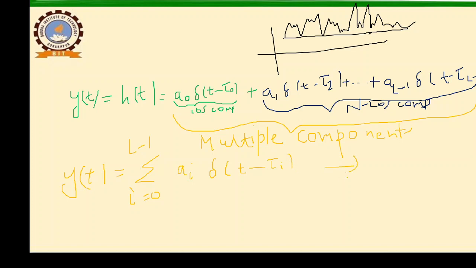That is the input impulse, and this is the delay component.